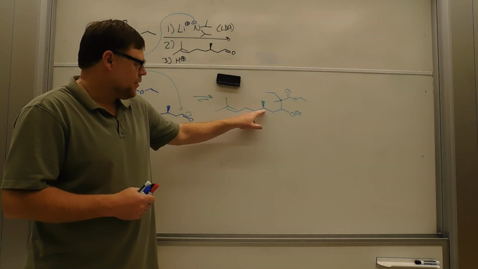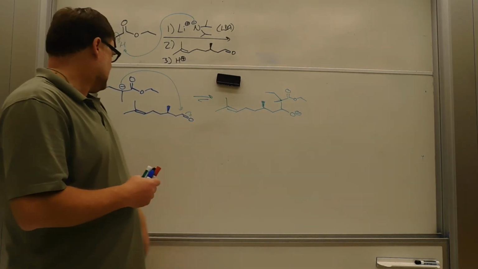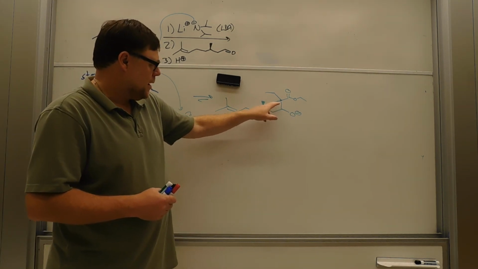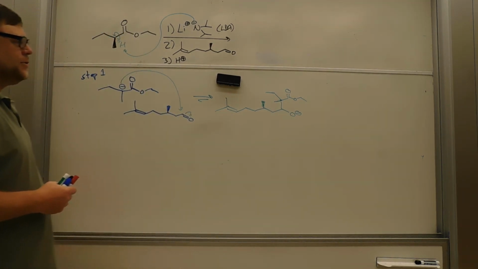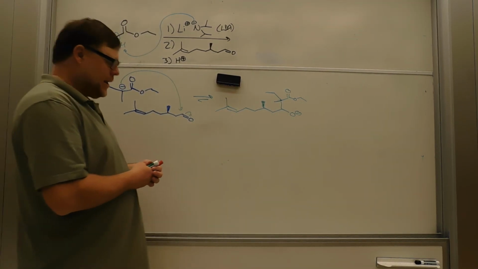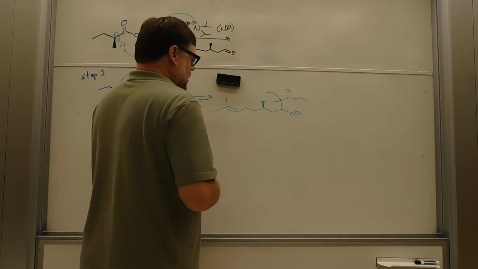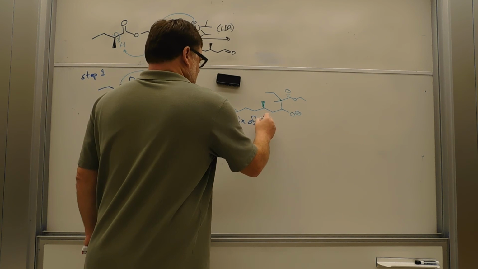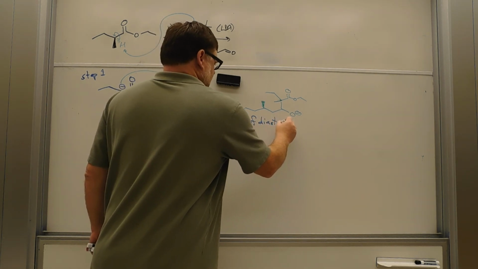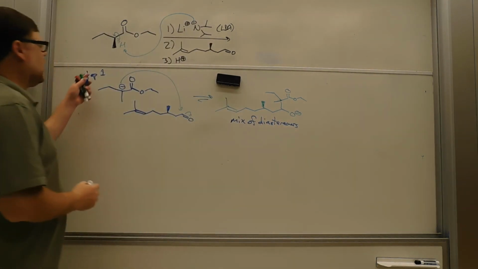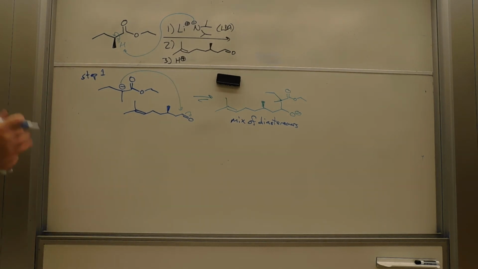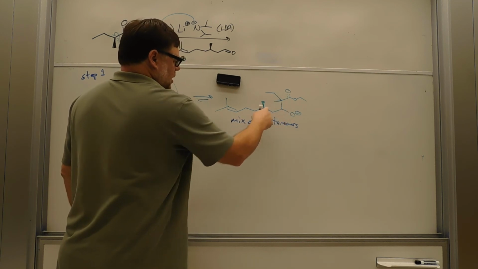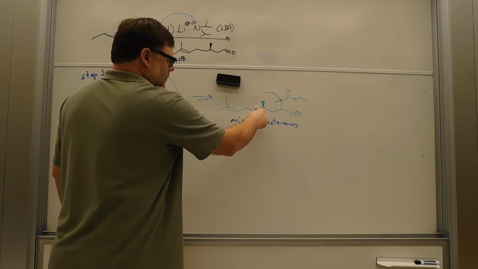We've got the chiral methyl from the aldehyde. We've got the chiral carbon that used to be the carbonyl carbon. And then we've got the chiral carbon that's nucleophilic. You're going to get a mix of diastereomers. And this is where, as I was saying, the counterion and the solvent can affect your mixture of diastereomers. But this will be S, this will be R. This one is going to stay whatever it was, right?